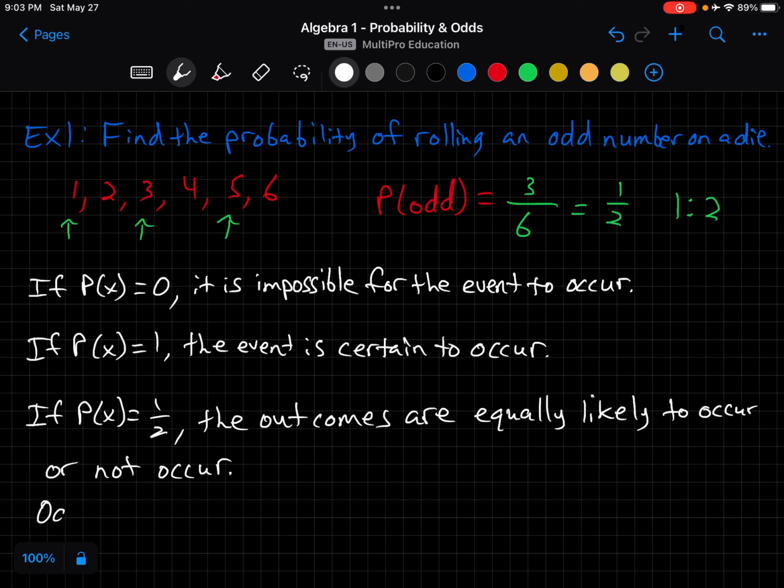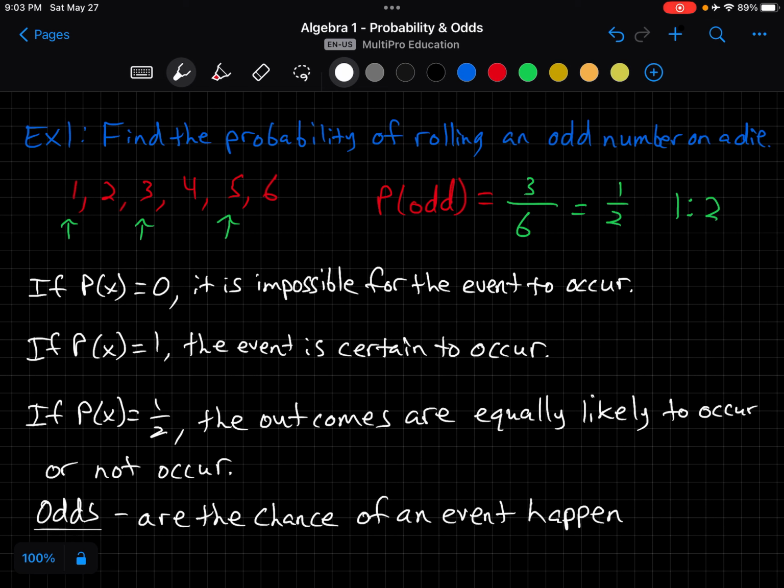Let's look at another definition: odds. These are the chance of an event happening. So let's say that you flip on the TV in the morning and you see that there's a 30% chance of rain today. And so there's a greater chance that it won't rain. What is the chance that it won't rain?